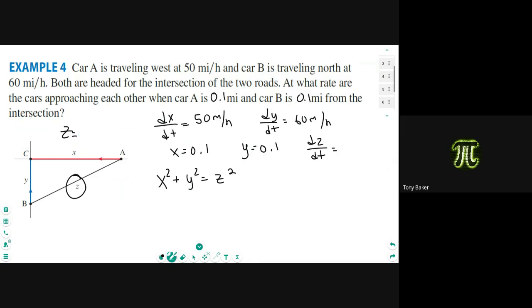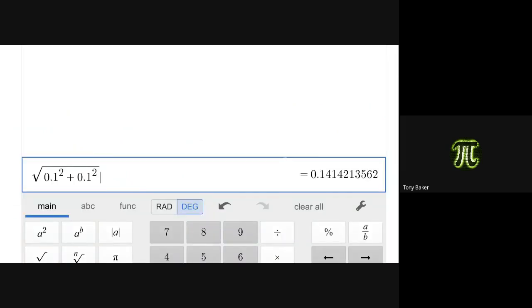So if we plug in 0.1 squared plus 0.1 squared, and then we take the square root of that, we get 0.141. So that's the z.